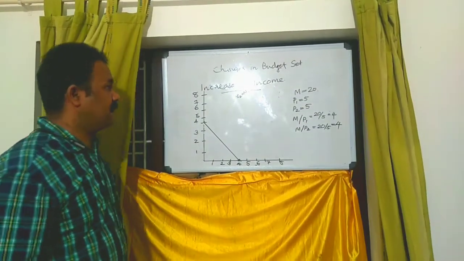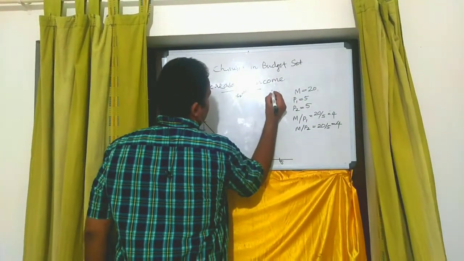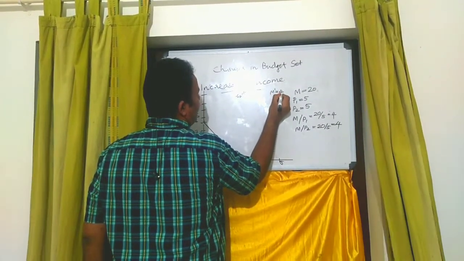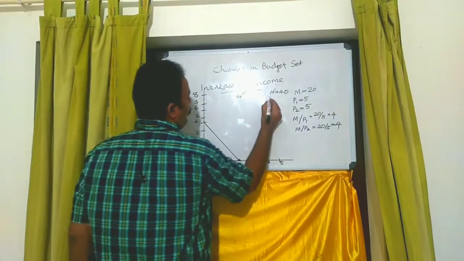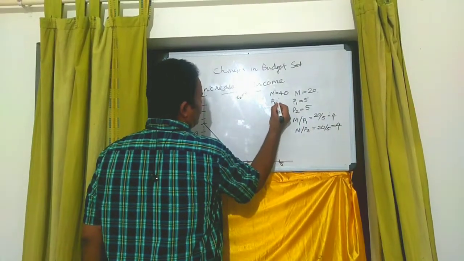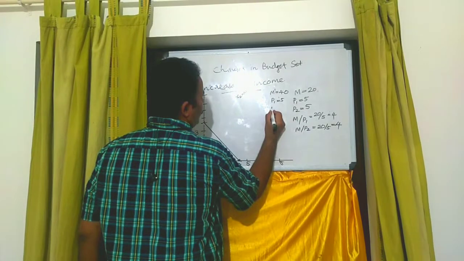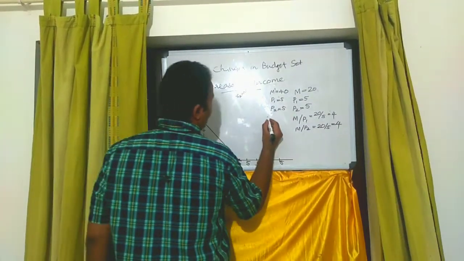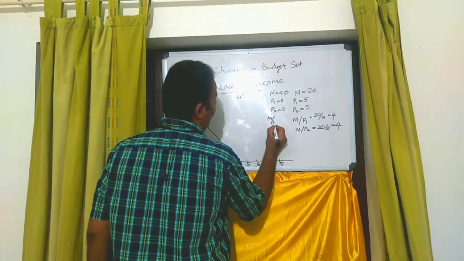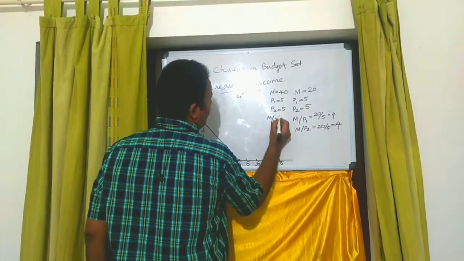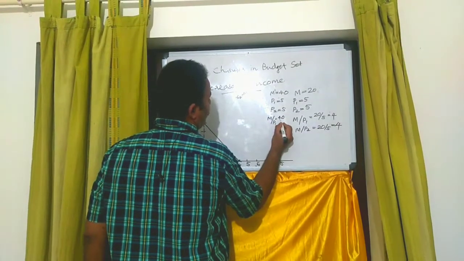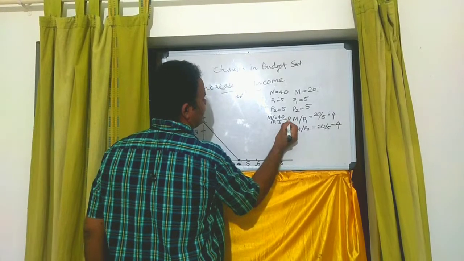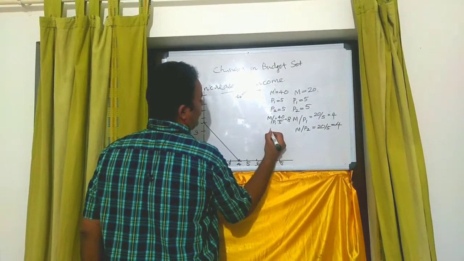Okay, then here income increases, that is M dash is 40 here. P1, there is no change, P1 is 5, P2 is 5. Then we can find out M dash by P1, 40 by 5, that is equal to 8.